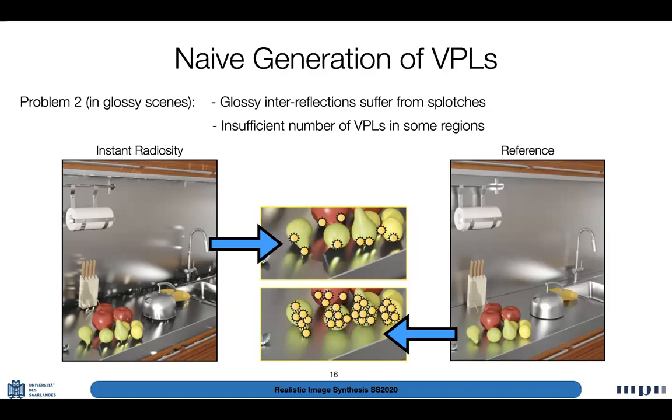When your light path was growing, at each vertex you stored the throughput of that, and you use that as a virtual point light source. So depending on the underlying BRDF, the glossy surfaces would have a special orientation of the underlying BRDF. So the VPLs will be concentrated in certain directions and not in others. And that could also be a problem.